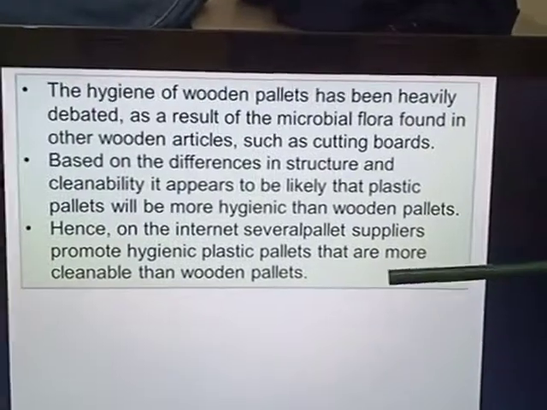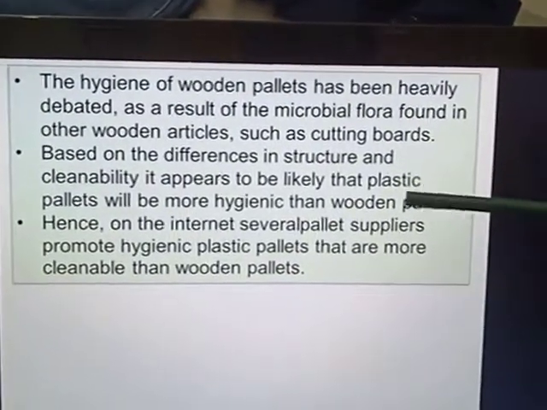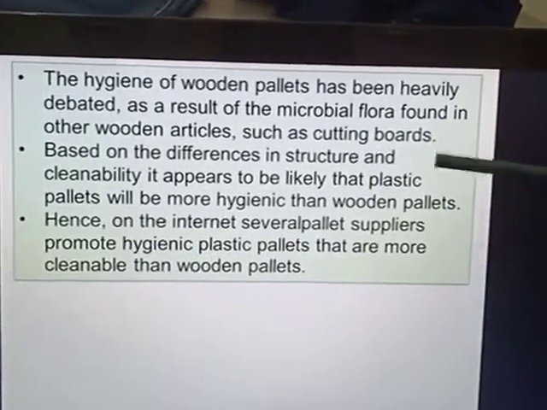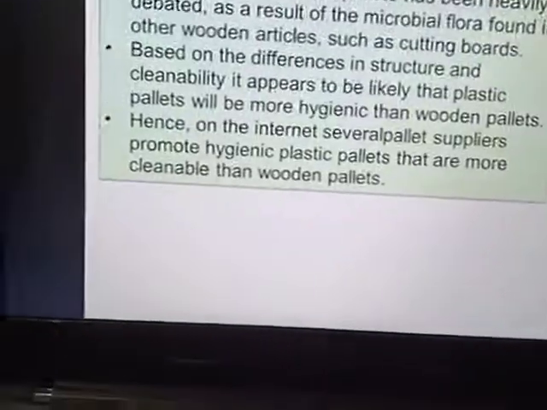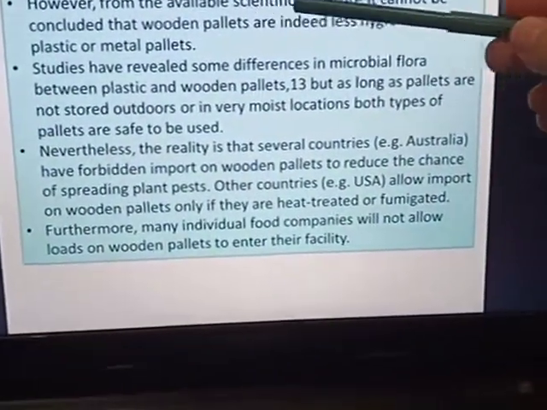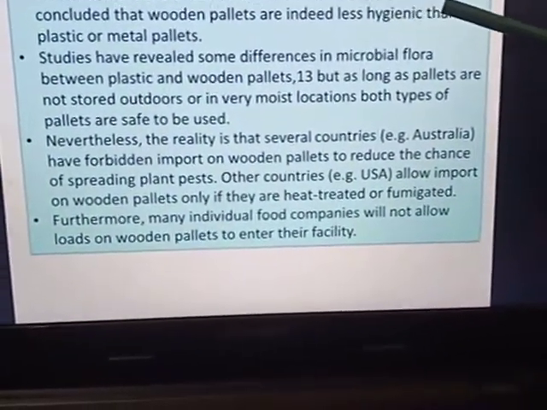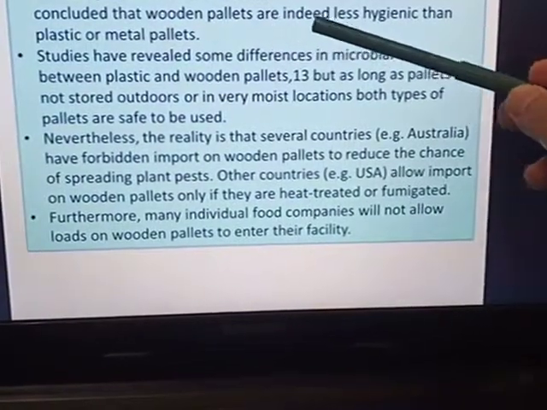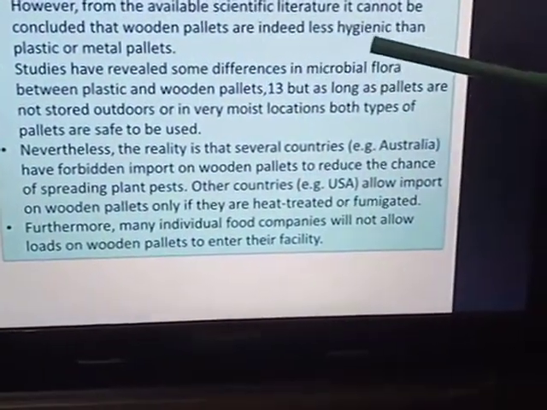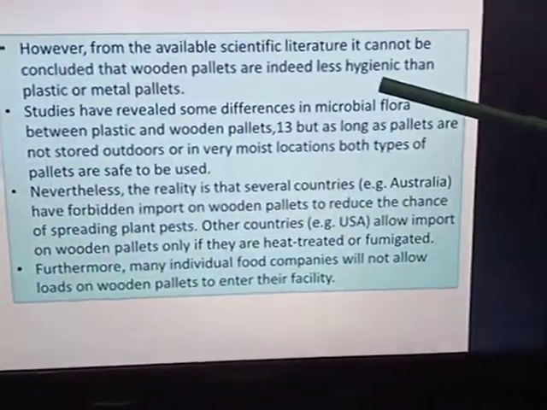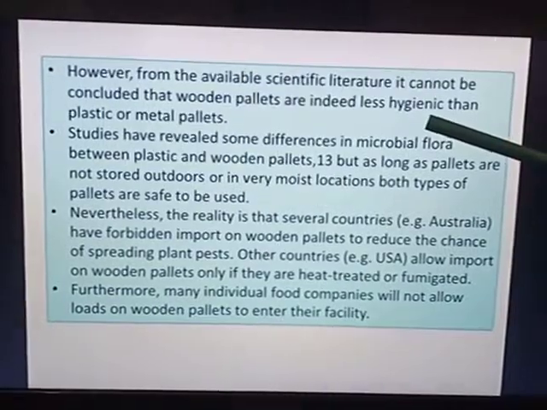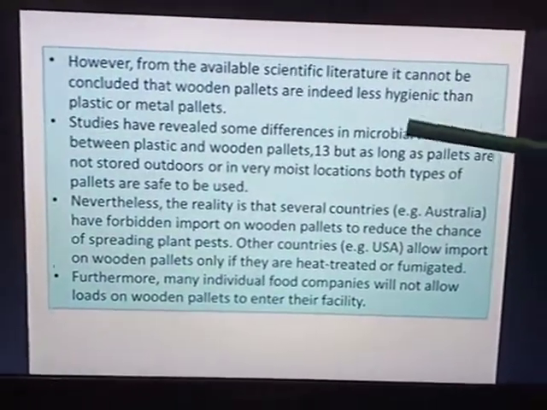If I ask the question, what's the difference between wooden pallets and plastic pallets? These are the information that you can use. However, from the available scientific literature, it cannot be concluded that wooden pallets are indeed less hygienic than plastic or metal pallets. So this is the new finding from a current study, that there is no difference between wooden and plastic.